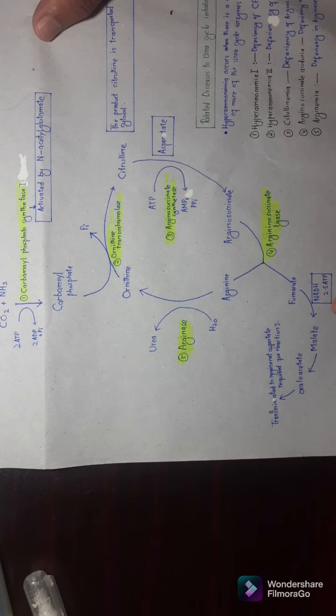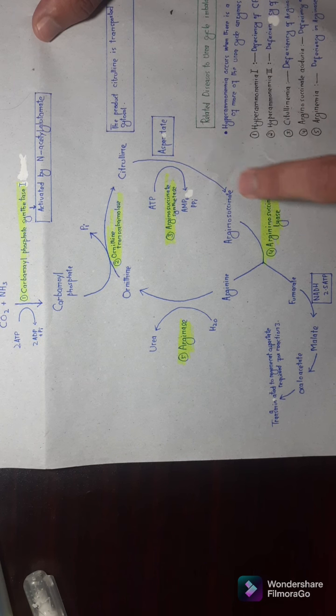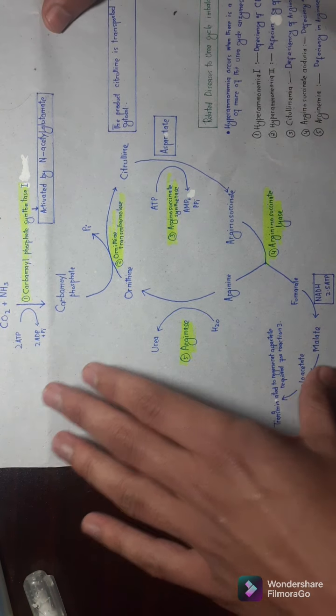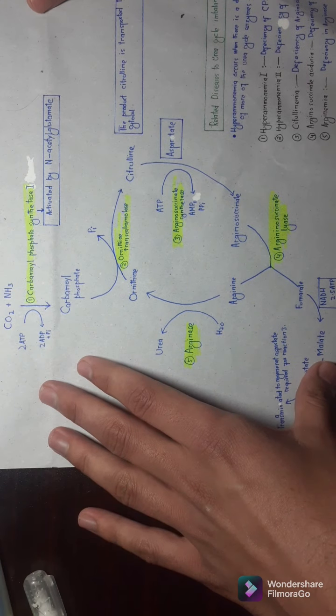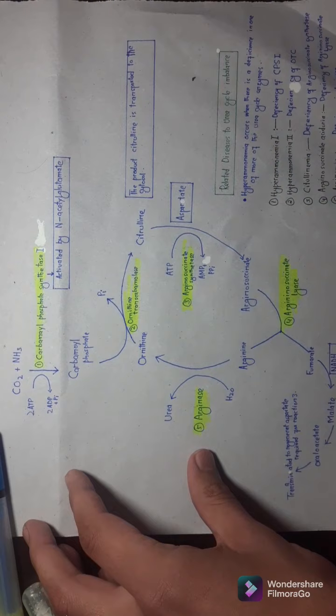From fumarate, it is converted to malate, then to oxaloacetate, which is transaminated to regenerate aspartate, which is required for reaction 3. Okay. From fumarate, which converts to malate, there is a generation of 1 NADH, which is equal to 2.5 ATP. So this is the whole cycle where 5 different enzymes are used.